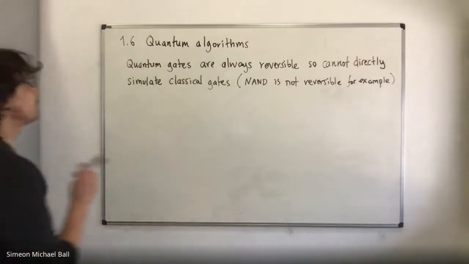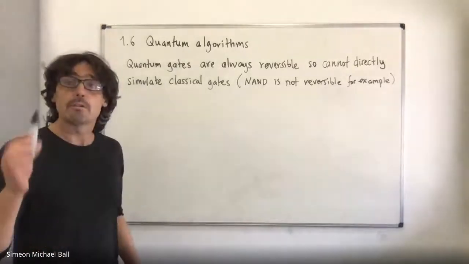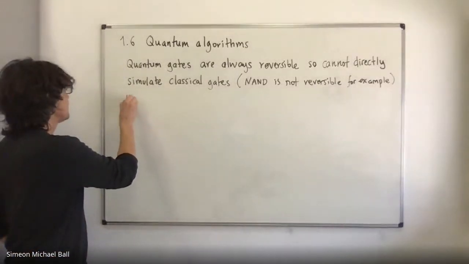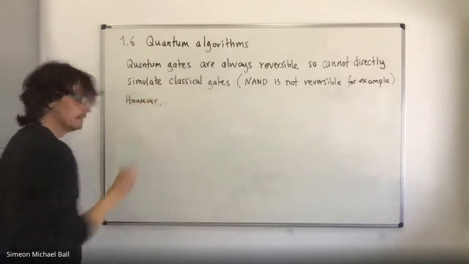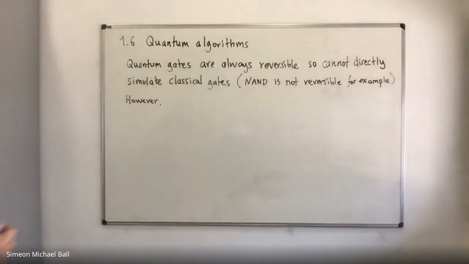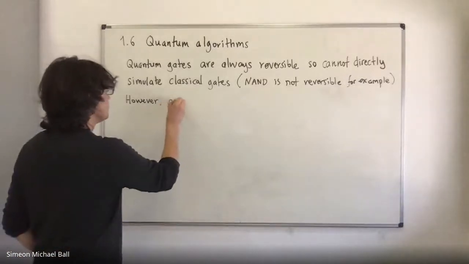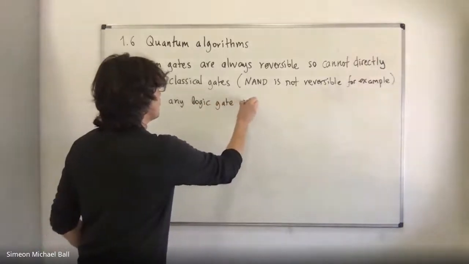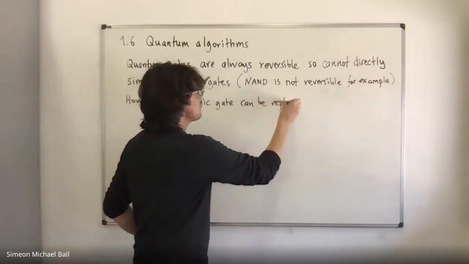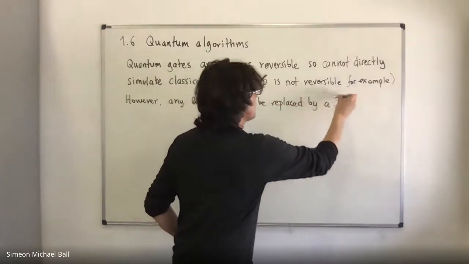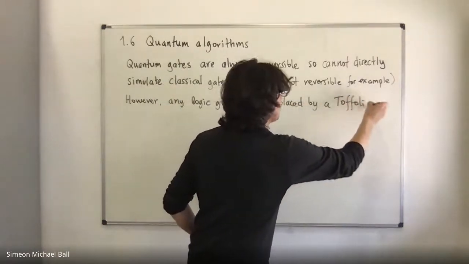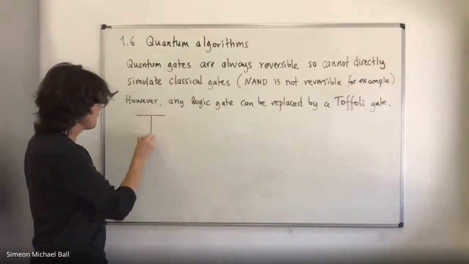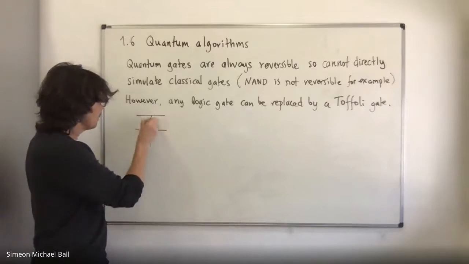But we can get around this by using what is called a Toffoli gate. This Toffoli gate is like the C naught, except that it's on 2 qubits and not just 1.